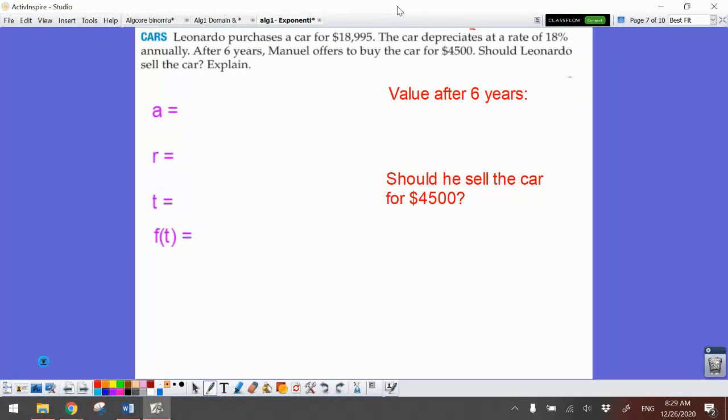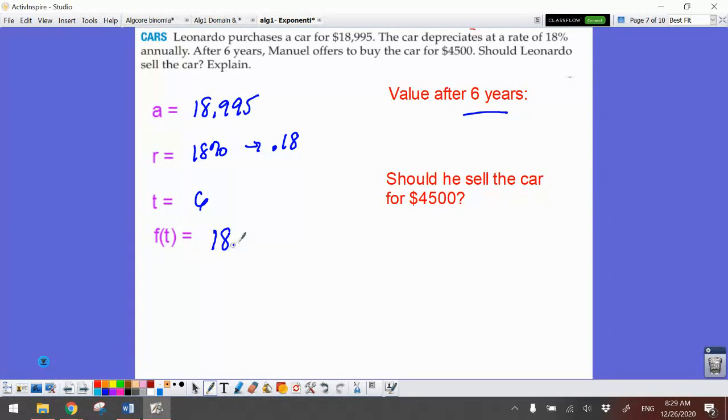Well, let's see if we can come up with our function, and then we'll try to figure out what is the value at 6 years. So we have $18,995, and 18% is actually 0.18, and my t is going to be 6. Okay, my t is going to be 6 because it wants the value after 6 years to determine whether or not he should buy the car.